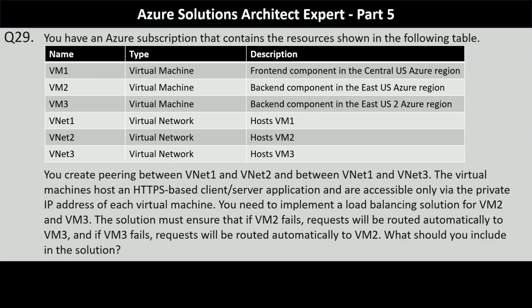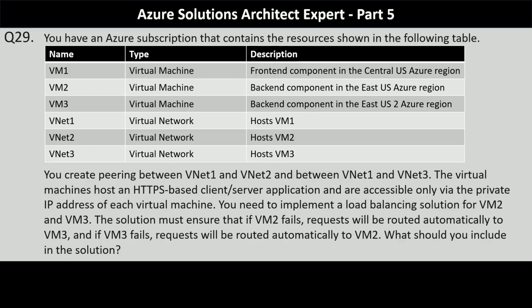The virtual machines host an HTTPS-based client-server application and are accessible only via the private IP address of each virtual machine. You need to implement a load balancing solution for VM2 and VM3.